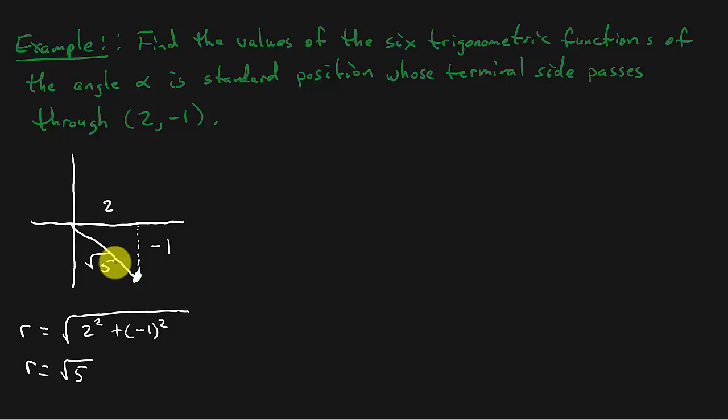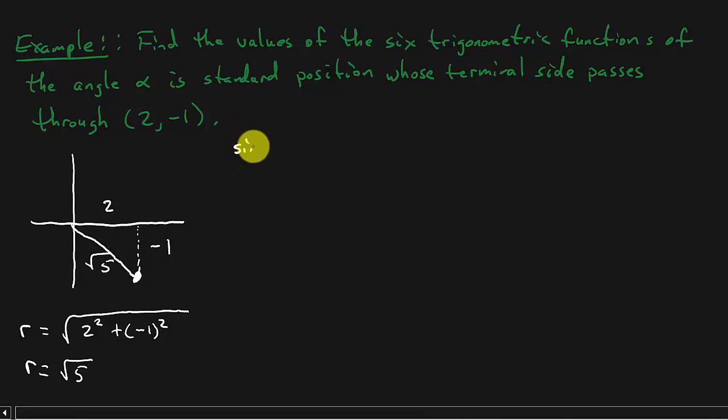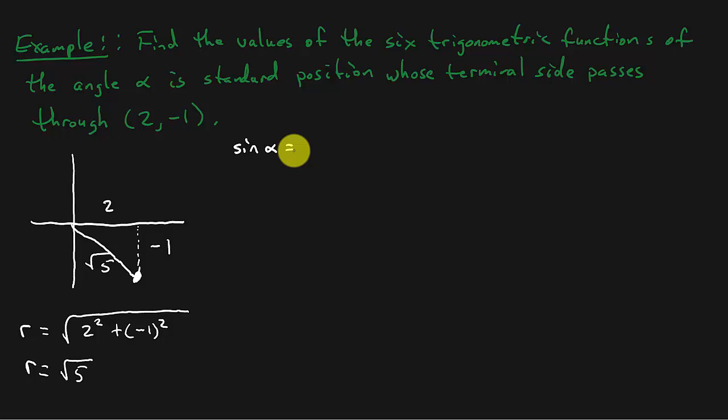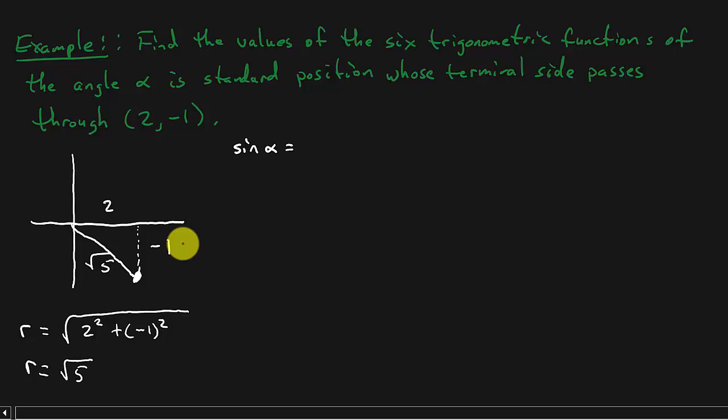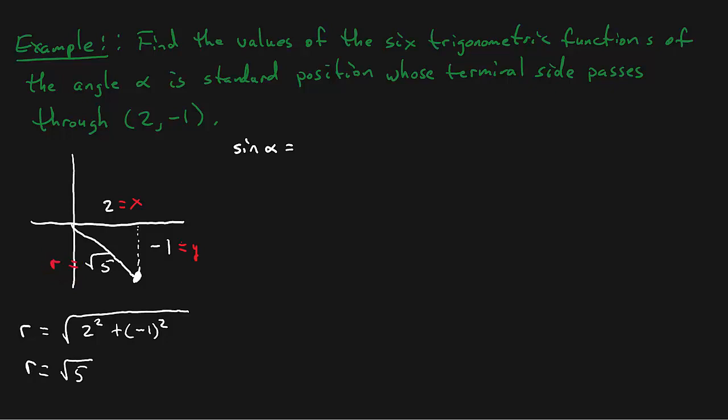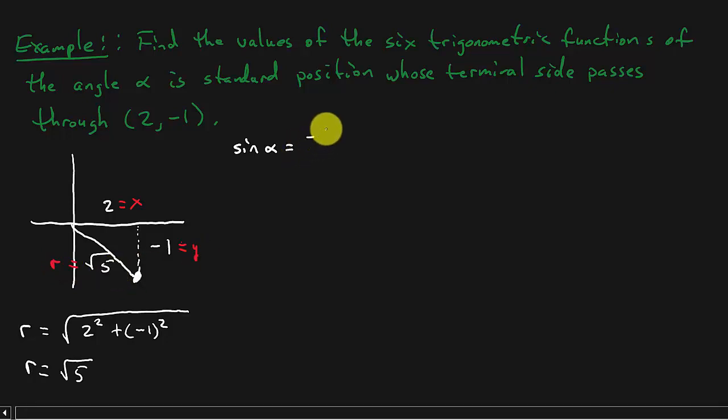All right, so we get sine alpha. What is sine alpha? It's y over r. You can write that this is equal to y, this is equal to x, and this is equal to r. And so we get y over r, that's negative 1 over square root of 5.